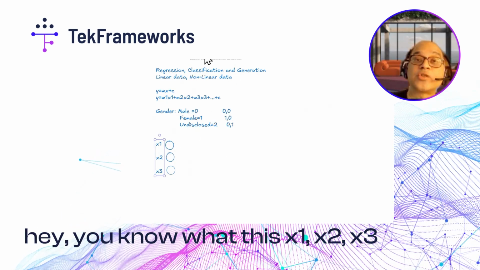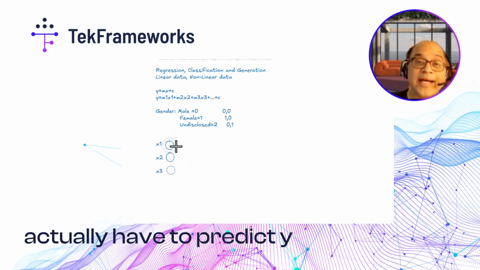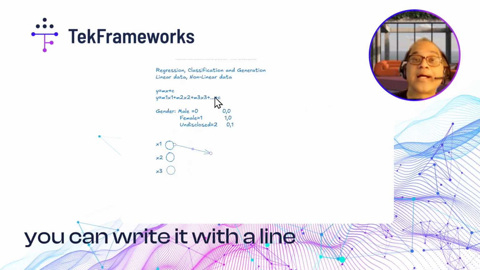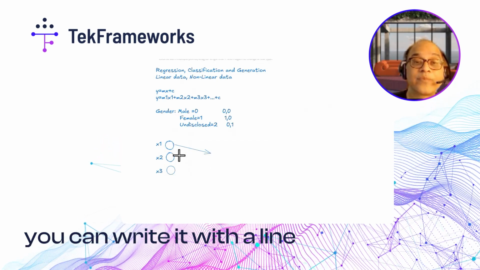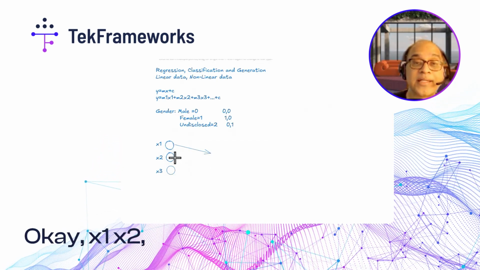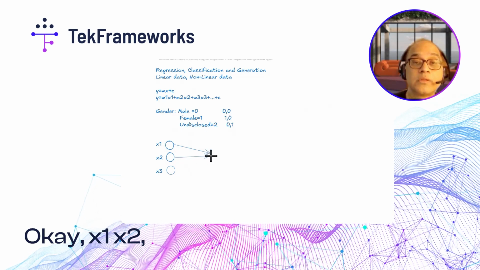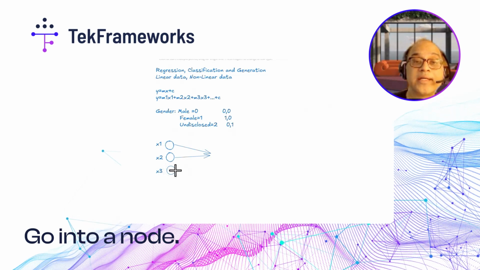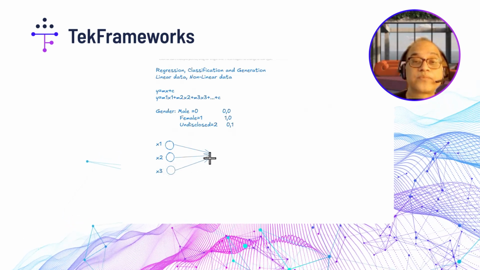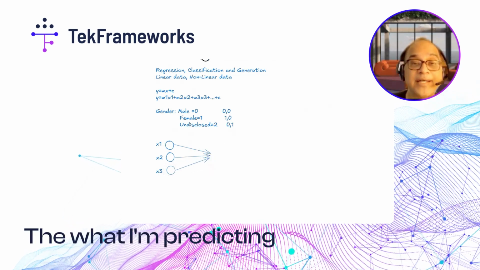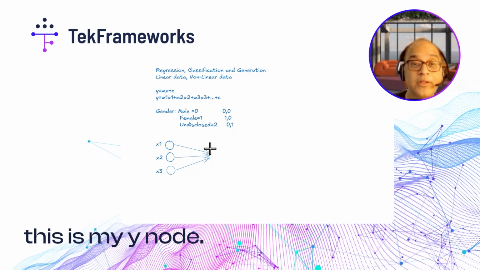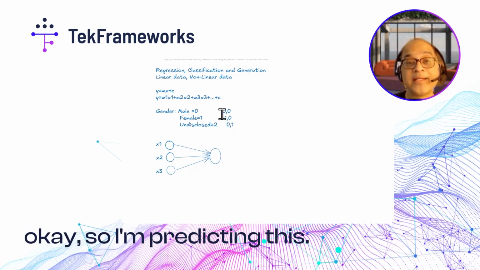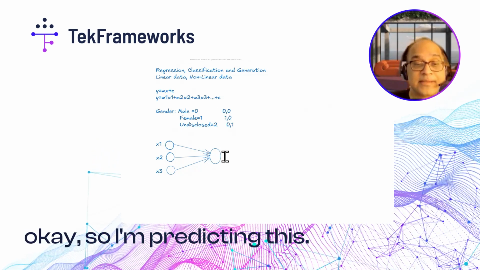These x1, x2, x3 actually have to predict y. Whatever they have to predict, you connect it with a line, an arrow. So x1, x2, x3 go into a node, the thing I'm predicting. This is my y node. So I'm predicting this.